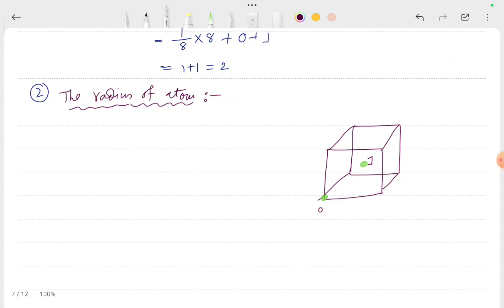This distance is half of the corner distance. First nearest neighbor distance means half of the corner distance. Here I have three atoms, and each atom has radius r. You already know r equals the radius of the atom.